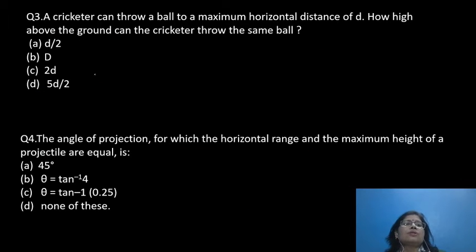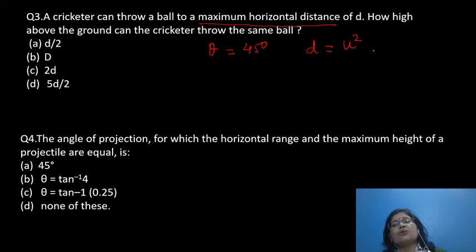Now next question is, a cricketer can throw a ball to a maximum horizontal distance of d. How high above the ground can the cricketer throw the same ball? Maximum horizontal distance d means we have to take theta equals 45 degrees, and for this we write the formula u square sin 2 theta upon g, that is, u square upon g.